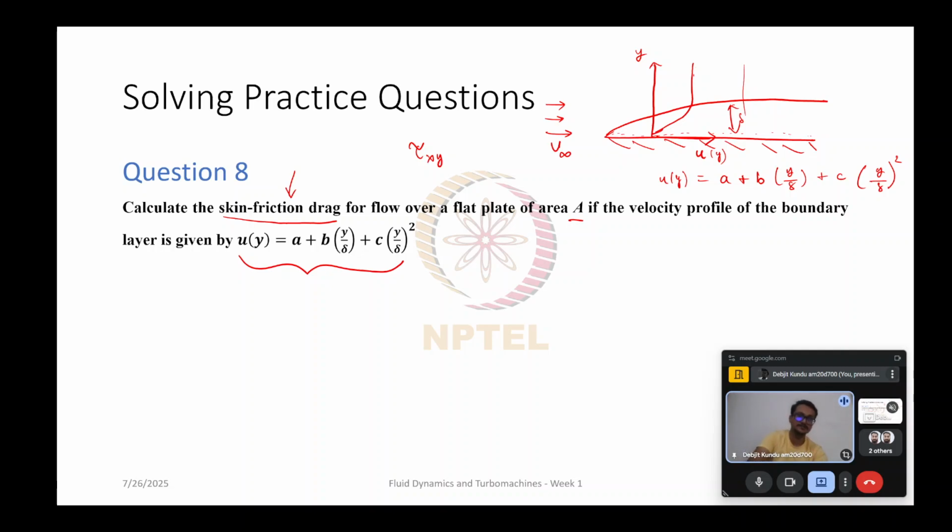That force is called the drag force. So this shear stress multiplied by area would give us the force. A is given. This is what you have to find, and that should give you the force. I'll just go through this. My velocity is given as a function of y.